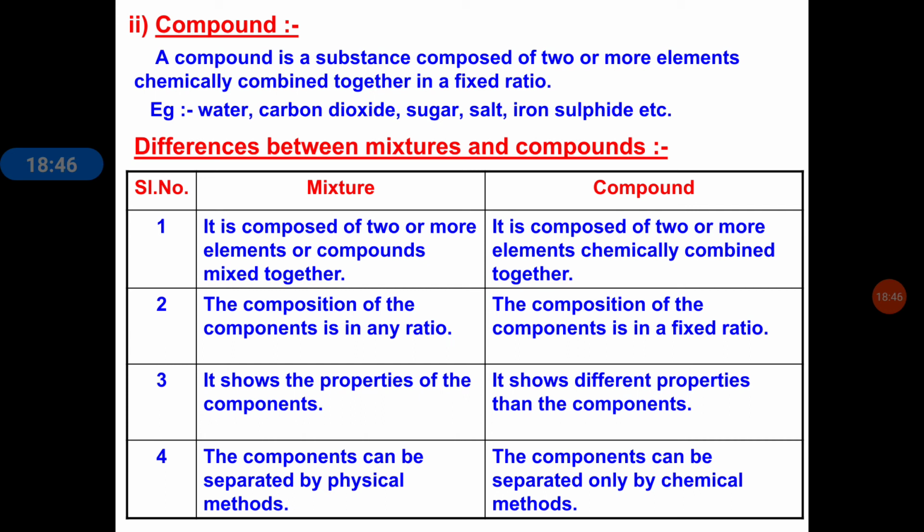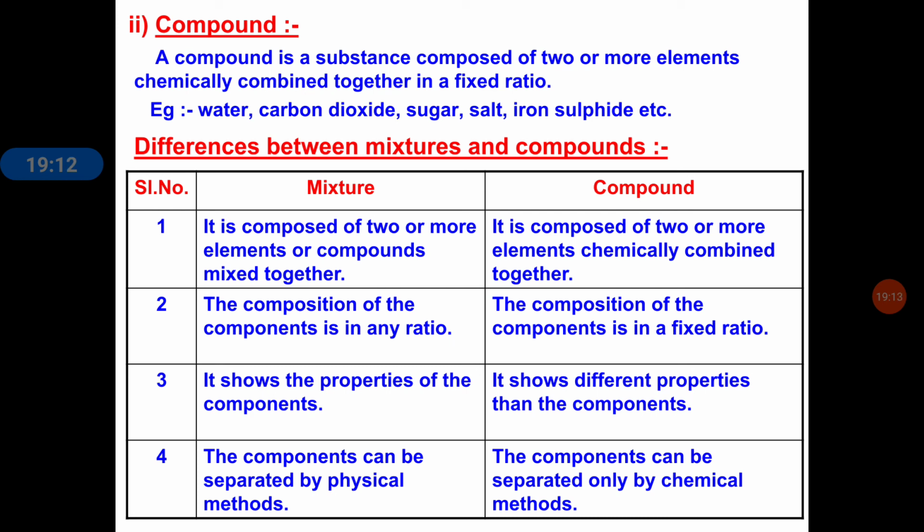Then the fourth point: the components of a mixture can be separated by physical methods. Suppose you are given a mixture of rice or any grain, with husk and small stones also there. You can easily separate the husk or the stone from the rice or other grain by simple hand picking, a physical method.